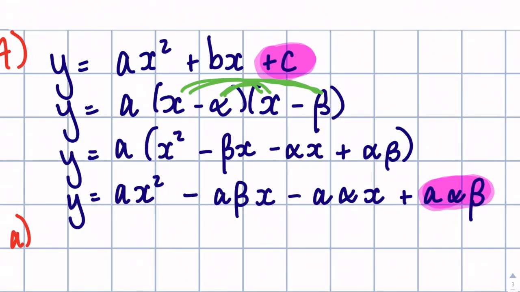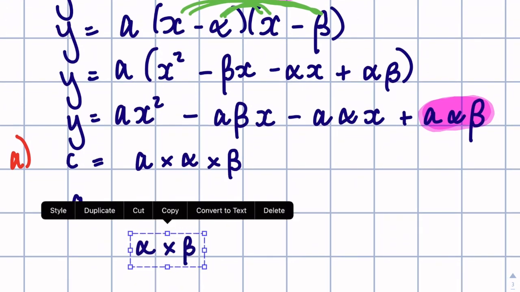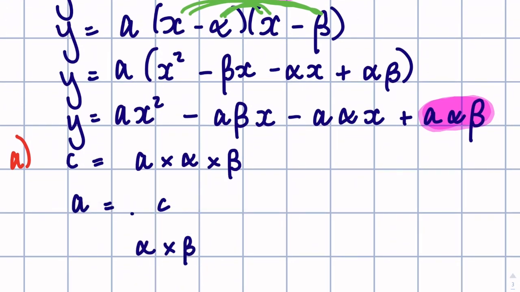So we know c is the same as a times alpha times beta, yeah? Which means a equals c over alpha times beta. Which makes sense because mathematically it works.